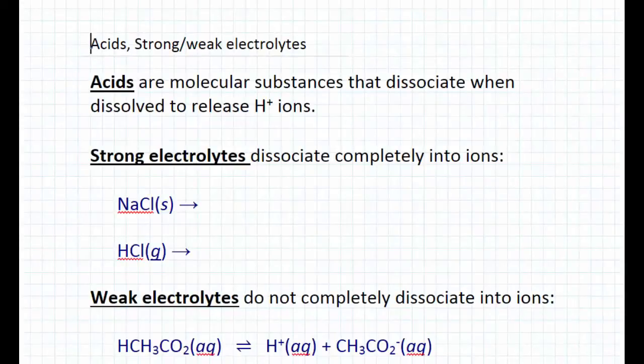Acids also have some similar behavior to this, and we're going to talk a little bit more about acids later. We talked before about naming acids. We sort of identified them by the H at the beginning of the formula. The behavior of acids is interesting because it's a molecular substance. Non-metals only.